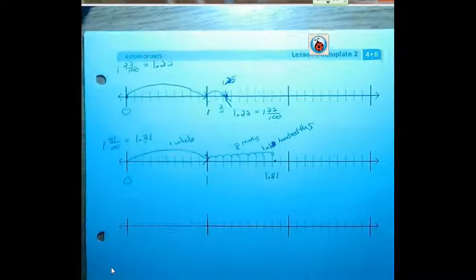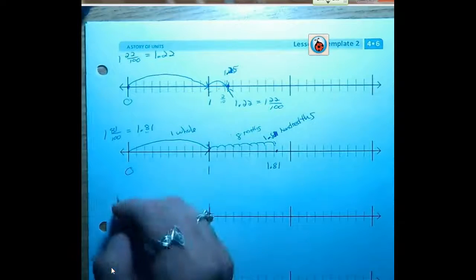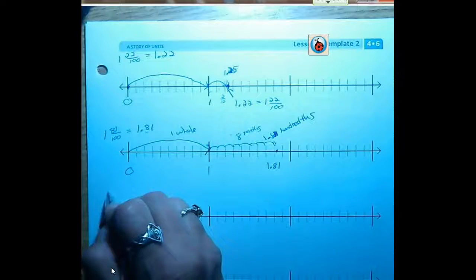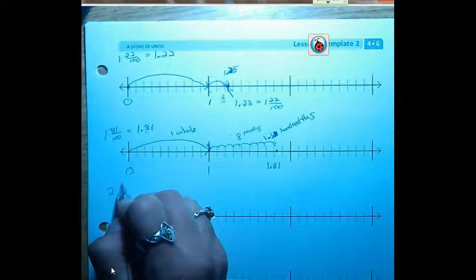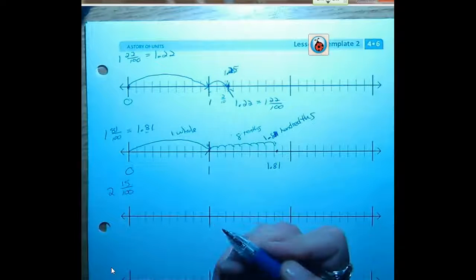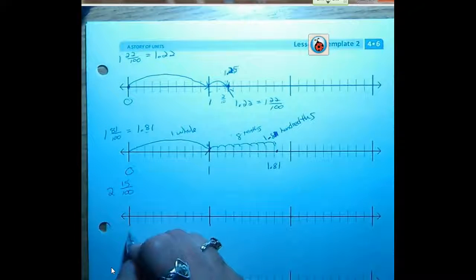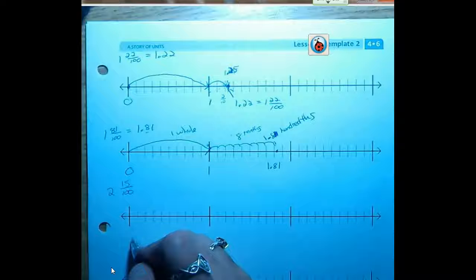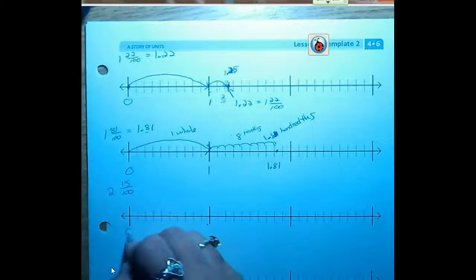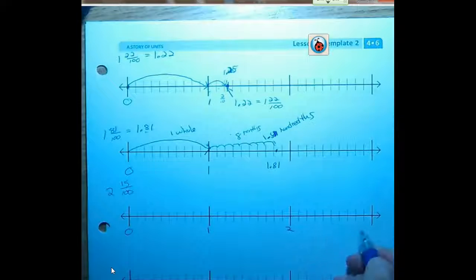What if we had a number that was 2 and 15/100ths? And we need to show this on the number line. Okay, well, we could start with 0, but we don't always have to start with 0. I'll start with 0 on this one. We got 0, 1, 2, 3.